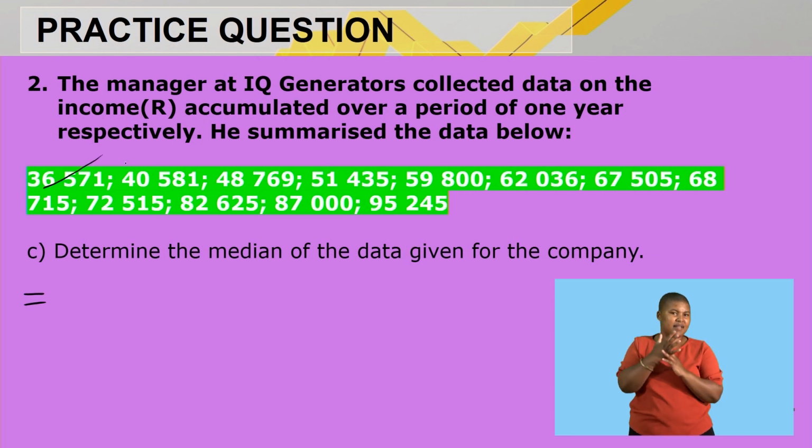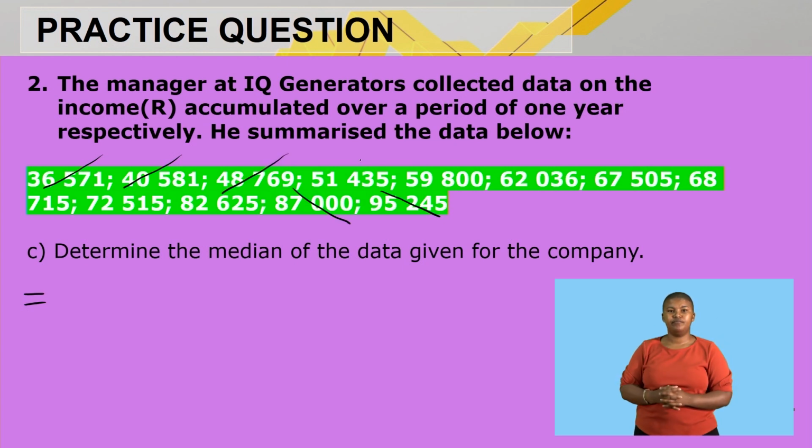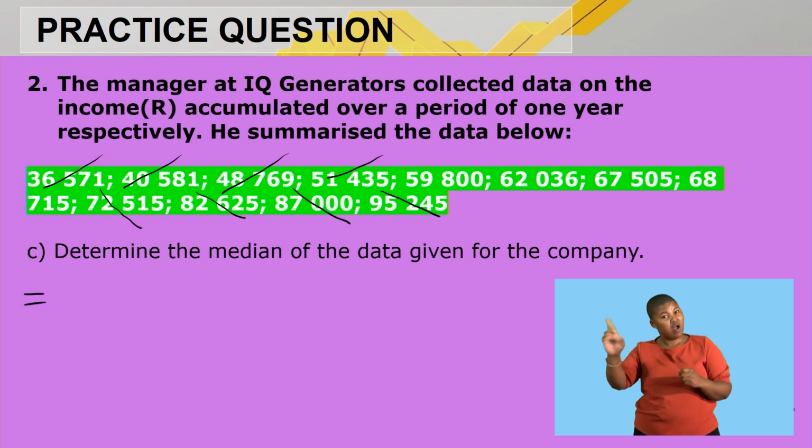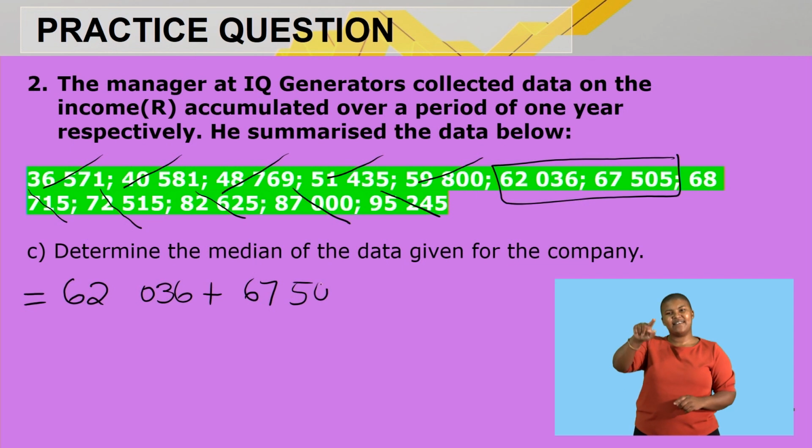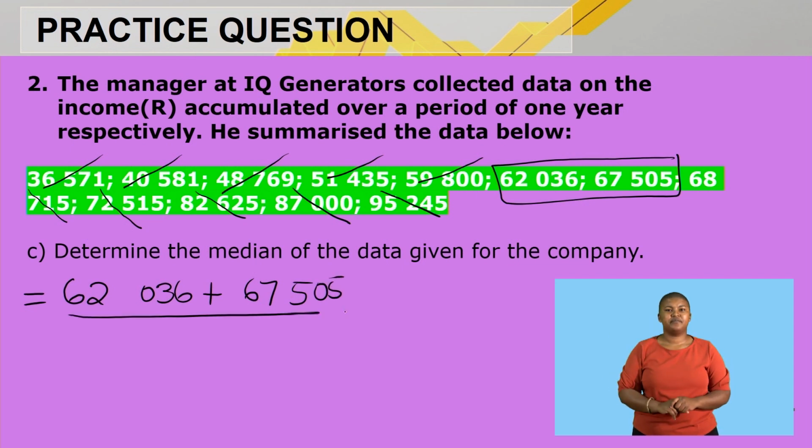We are left with these 2 values: 62,036 plus 67,505. We have said if we have 2 values in between, we add them together and divide by 2.